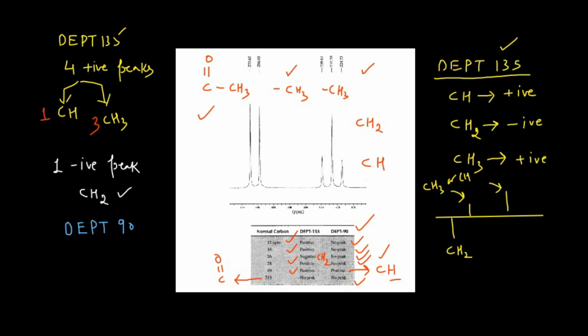Now what you can do, you can put them together to get the correct structure of the molecule. I hope you understood these much of things quite clearly, okay? This is something very, very important.